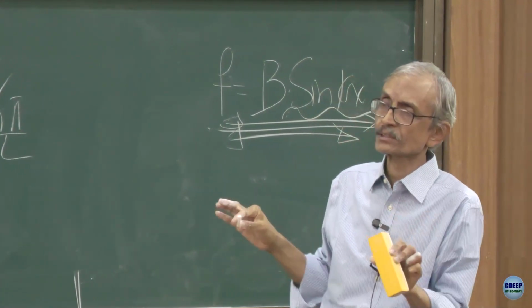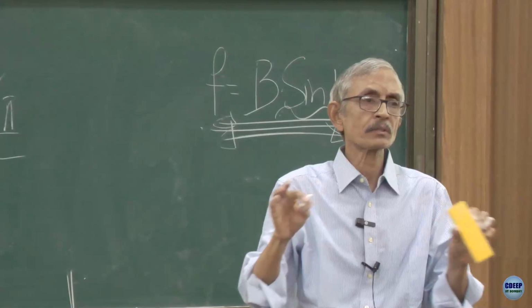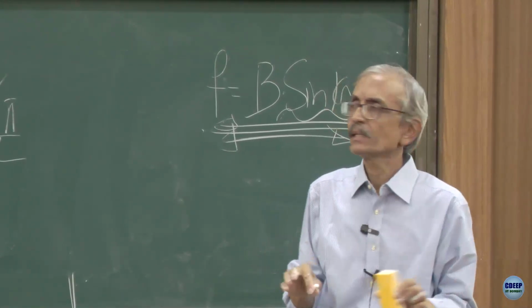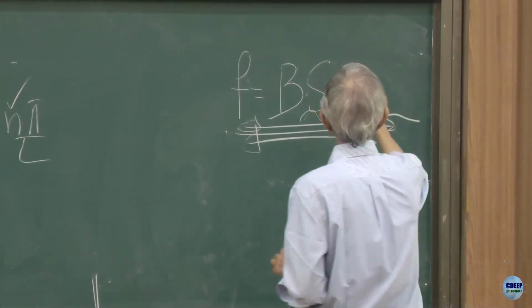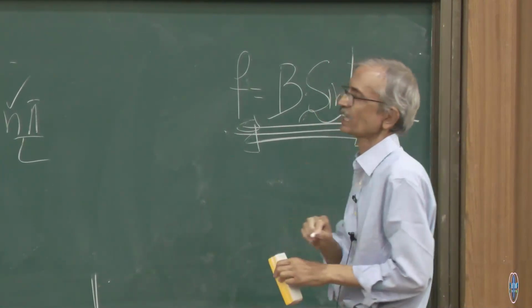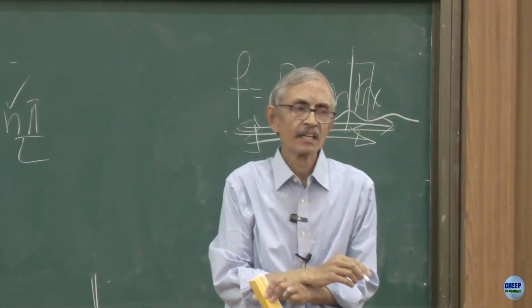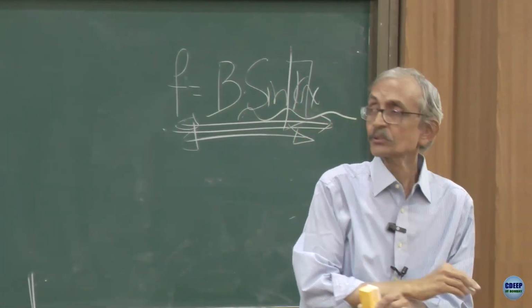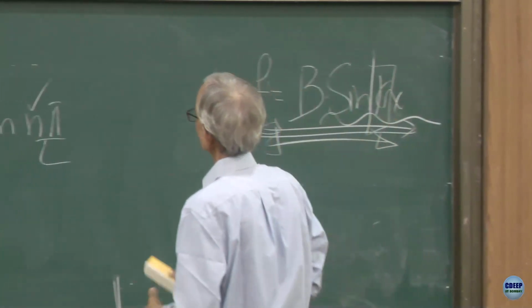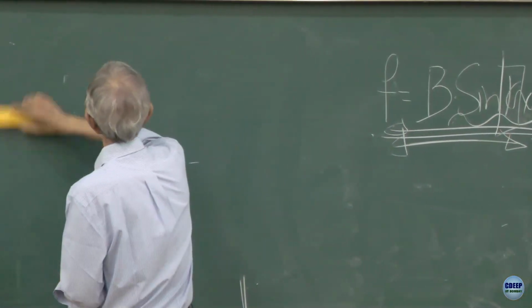So the eigenfunctions have remained the same in both the problems. It's only that the value has changed. This K has changed. So how do I proceed now? The procedure remains the same.